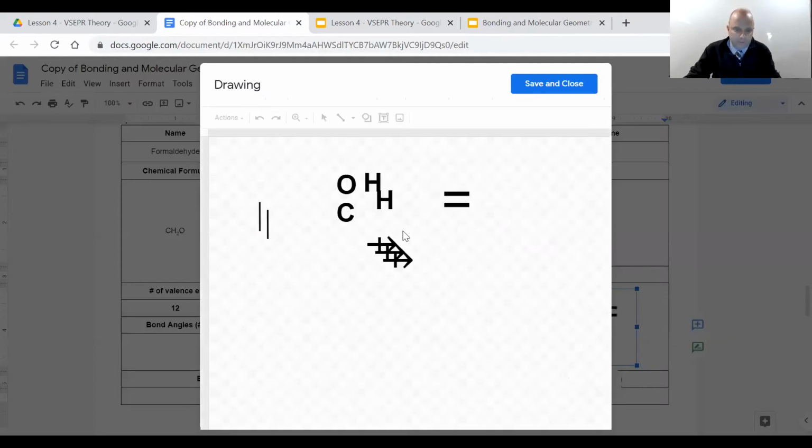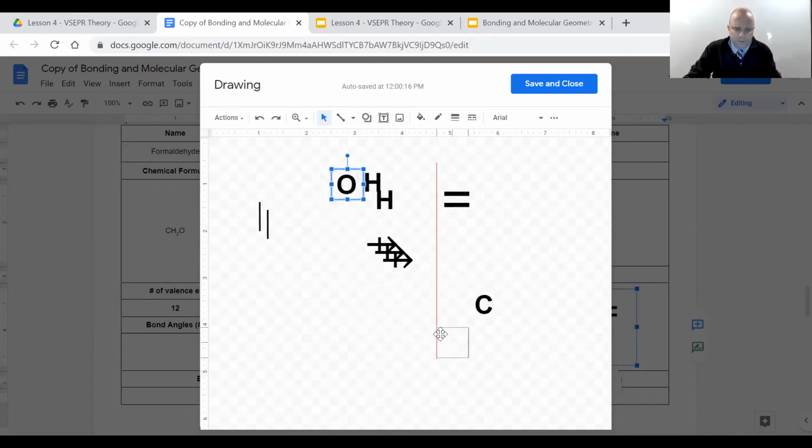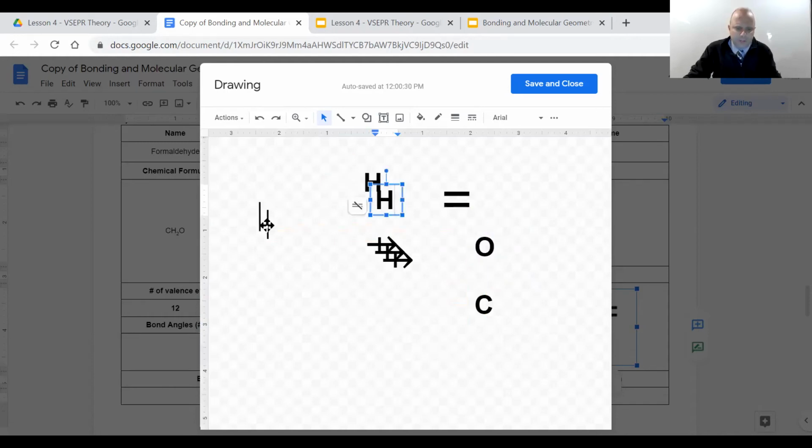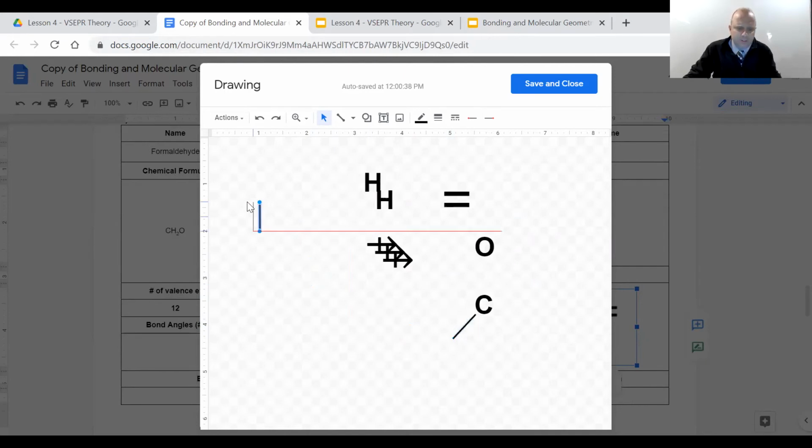So we're going to have our carbon in the center here. I'm going to move our oxygen into one of these spots. I'll put it on top. And then our hydrogens in the other spots. Now, this time you will need to just tweak these just a little bit. So we're going to have down and to the left, and down and to the right.